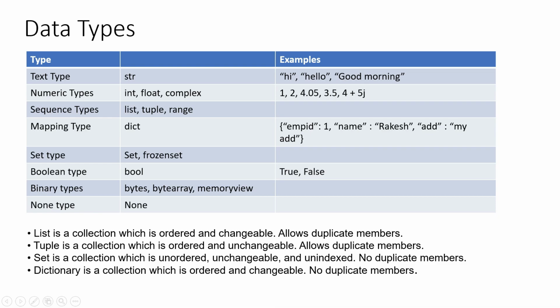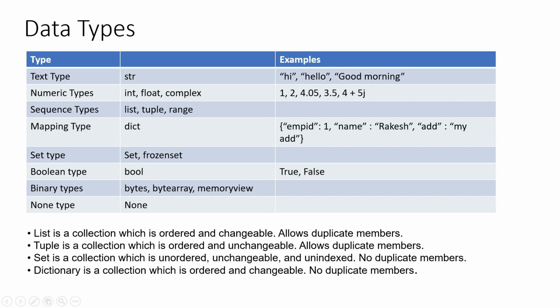Then we have numeric data types: integer, float, and complex. Integers are whole numbers. Floats are floating point numbers, those are decimal point numbers. And complex are like 4 plus 5j. They are complex numbers, primarily used in mathematical calculations.